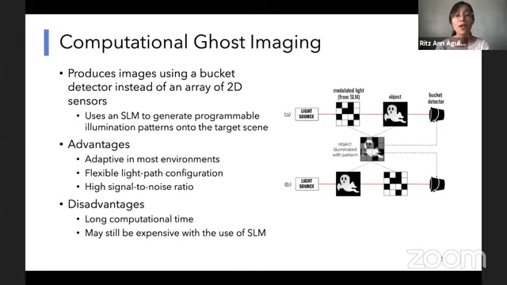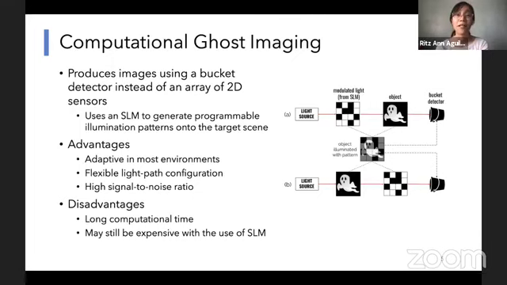And it can also have high signal to noise ratio, well, depending on the computational imaging algorithm that you're going to use. But the disadvantage of this one over the conventional imaging, which uses detector arrays, is that it has a very long computational time, since it only uses a single pixel detector.